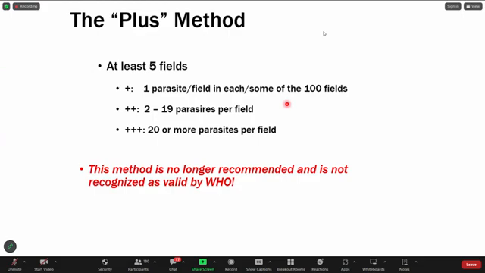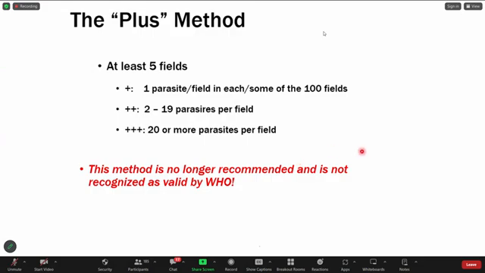If the average number of parasites per field is 1 or less, we report that as a +1. If the average number of parasites per field is between 2 and 19, report that as a +2. And if the average number of parasites per field is 20, we report that as a +3.